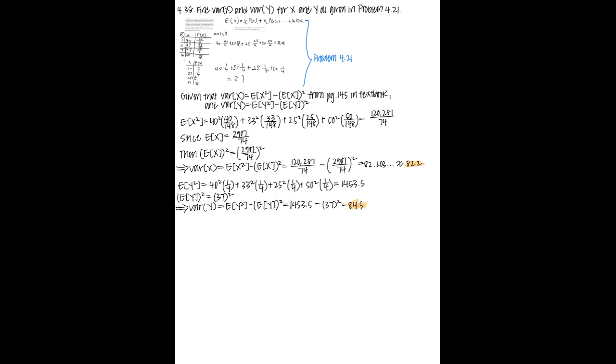So E of x squared is 40 squared times 40 over 148 plus 33 squared times 33 over 148, and so on, and then we get 120,281 over 74. And since E of x is 2,907 over 74, that squared is 2,907 over 74 squared.